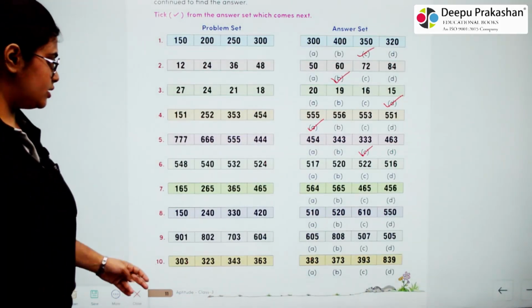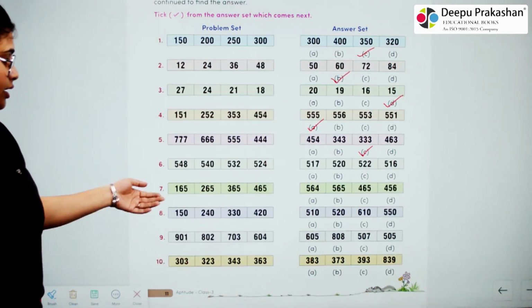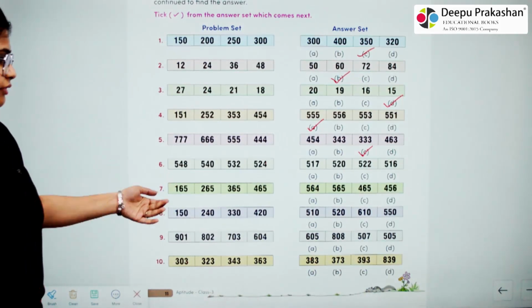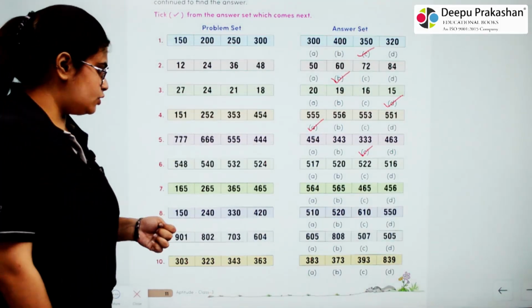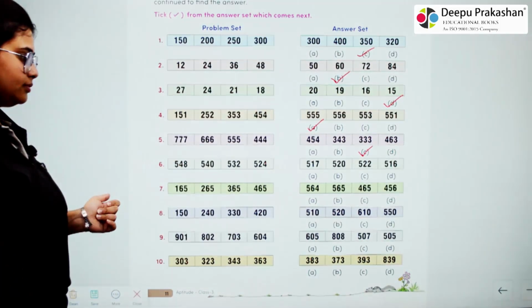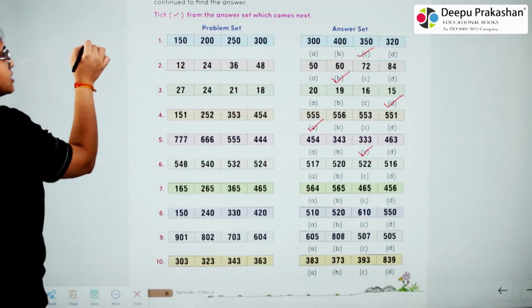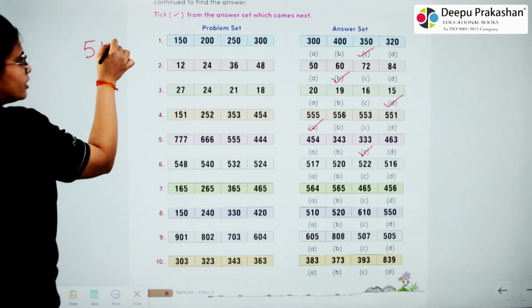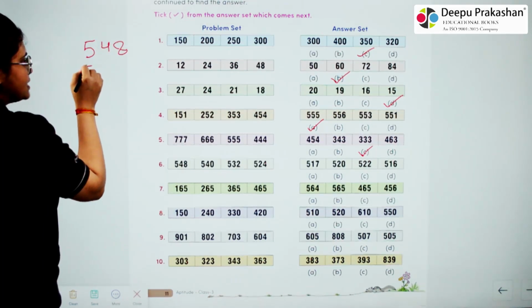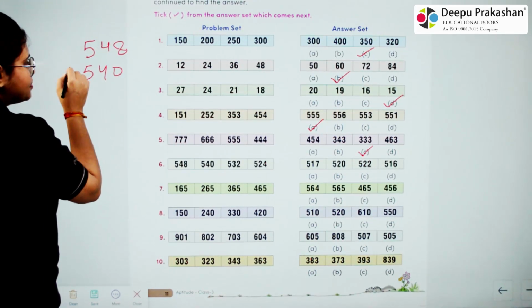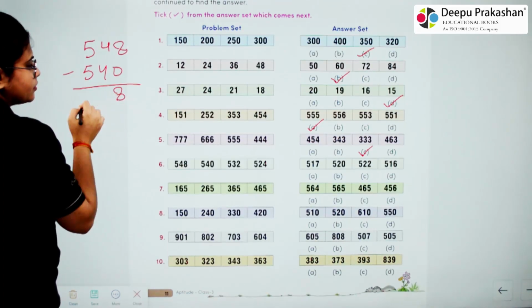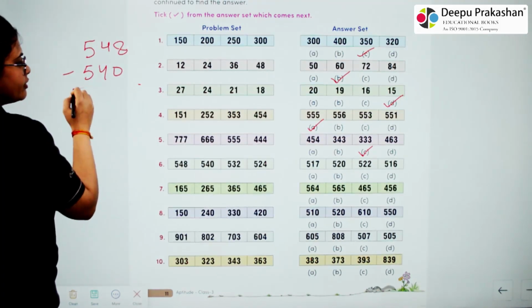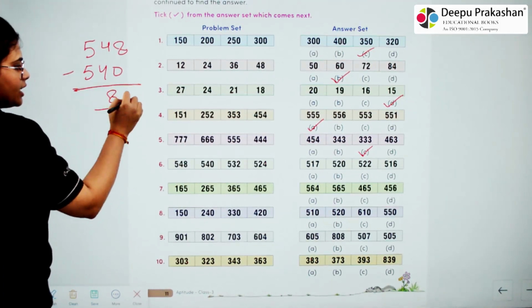Moving to the next one, sixth, we are given 548, 540, 532, 524. In this series, if we subtract the first number from the second, we will simply get the answer 8.